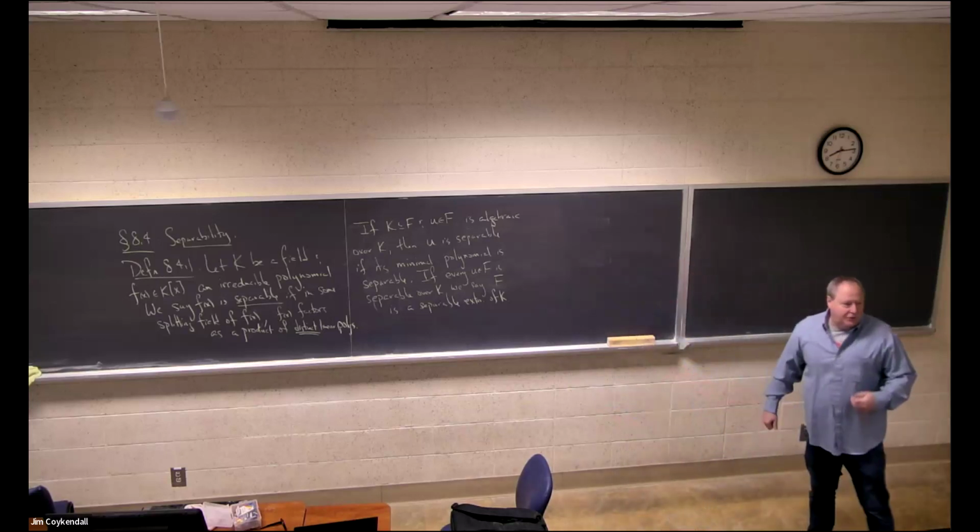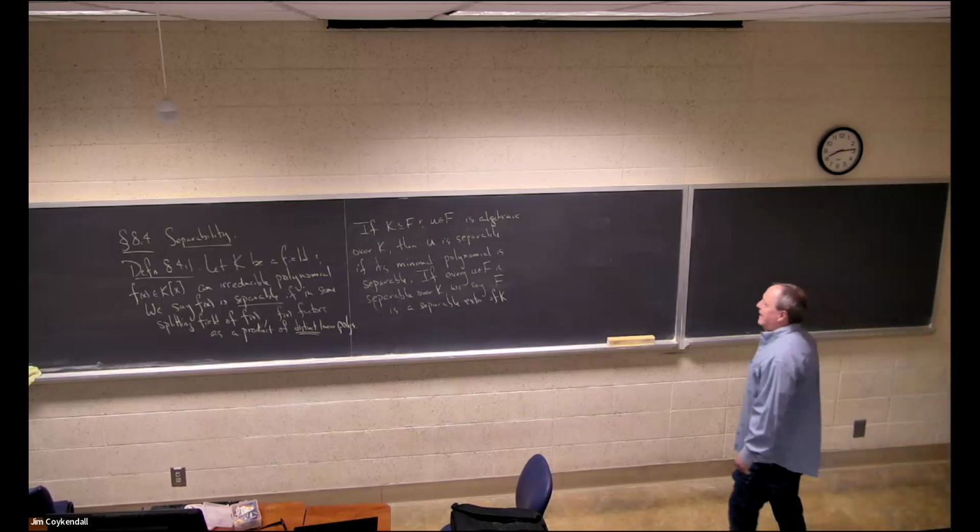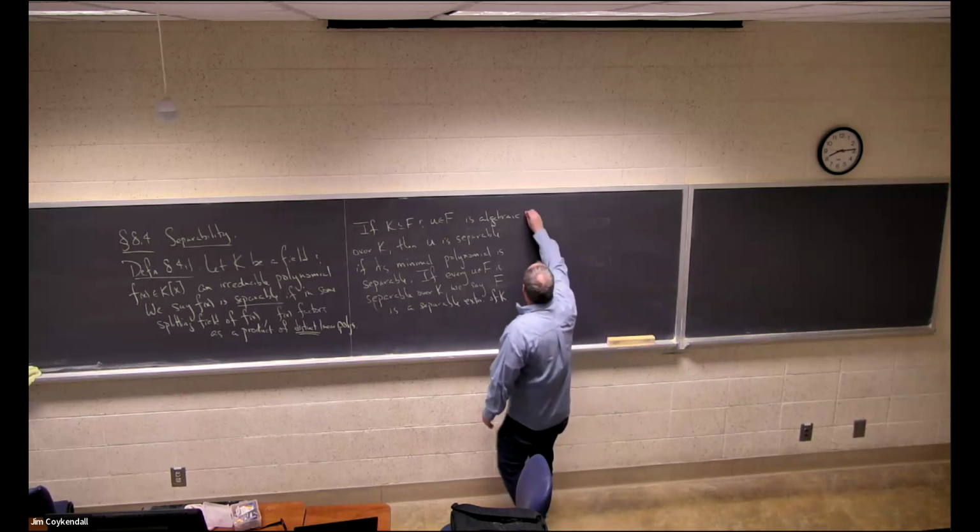So let me point out that a separable extension is implicitly an algebraic extension, because what you're saying is every element first and foremost has to be algebraic, and its minimal polynomial over K has to split into distinct linear factors in some splitting field.